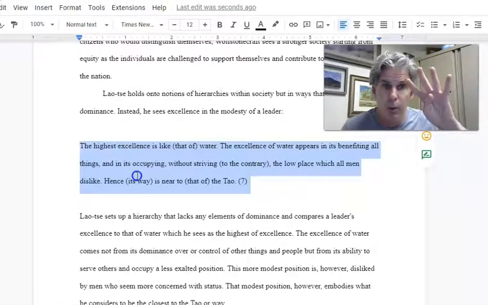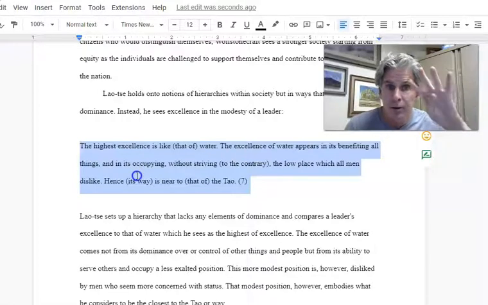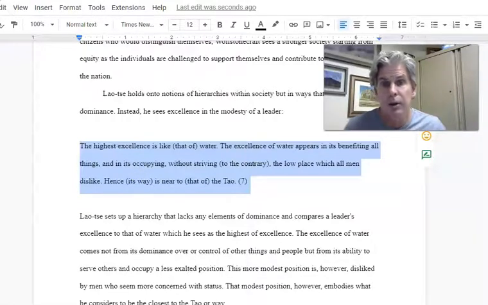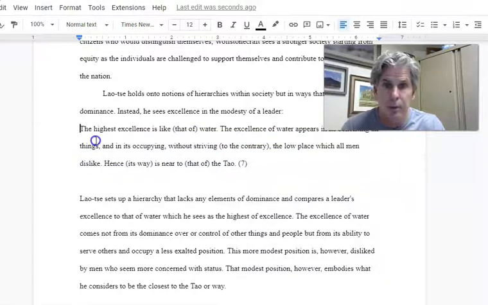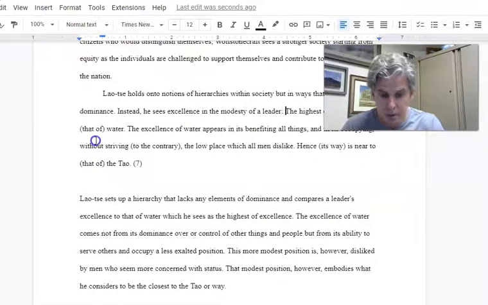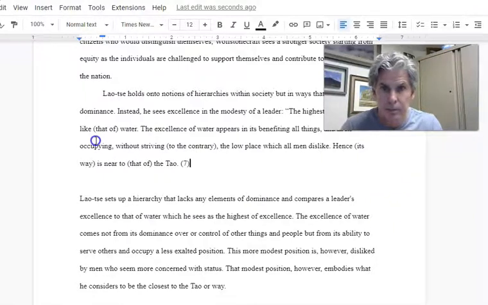It has to be 4 lines to be block quoted. So stick with me, this one is integrated. How do we do that? We do it like this. There you go. It's integrated.